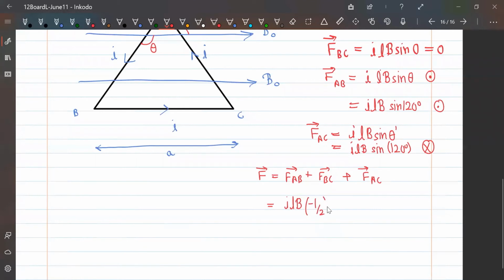Then F of BC is already 0, and F of AC is ILB sine 120, but into the plane. If I take outwards as positive, then I will put a minus sign here already. And sine 120 is minus half. So total will come out to be 0. So net force on this triangle in this magnetic field is 0.